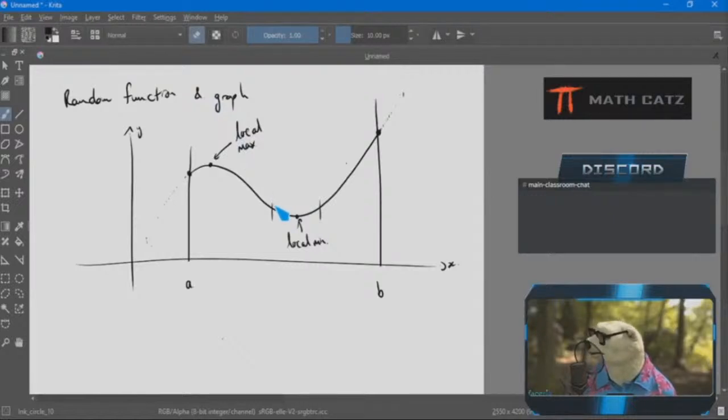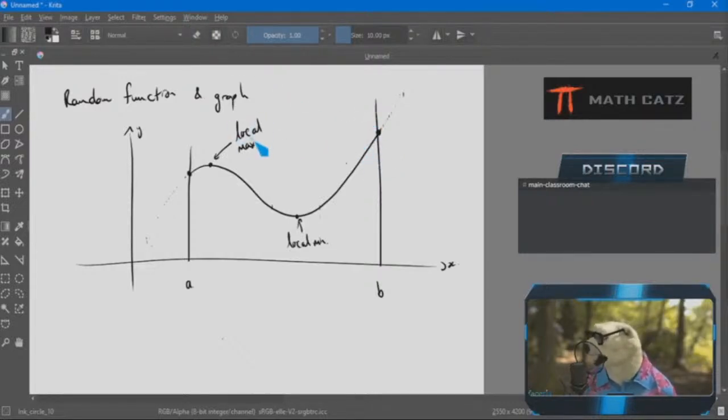Same for this local maximum. While I erase these little lines, if I look at a very small window around this turning point, that is the largest y value I can get. However, when I zoom out, there are larger y values over here, right? These are bigger.